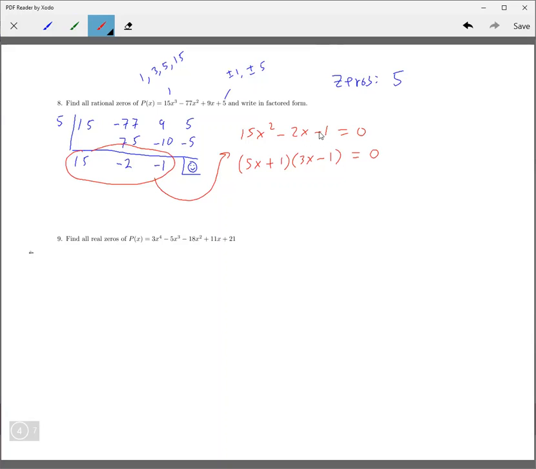And then the last one is 1 times negative 1, which is negative 1. So this works. Okay, so this factors into that, and this is going to give us negative 1/5, and this is going to give us 1/3. Okay, so negative 1/5 and 1/3.